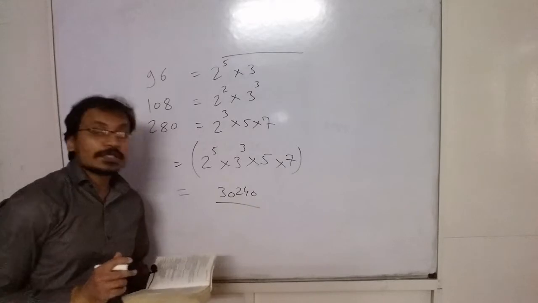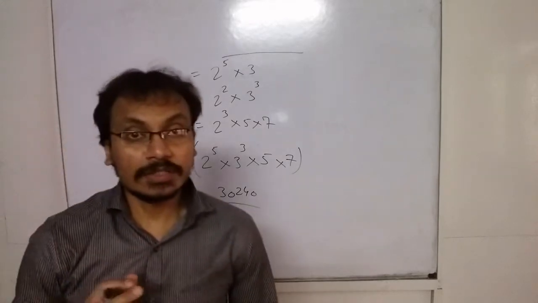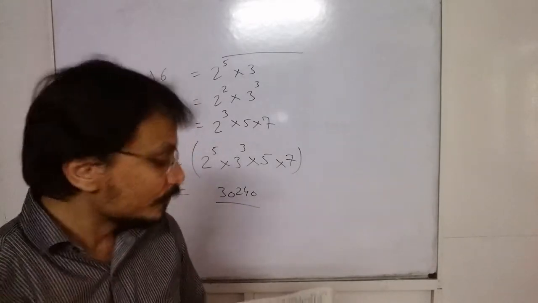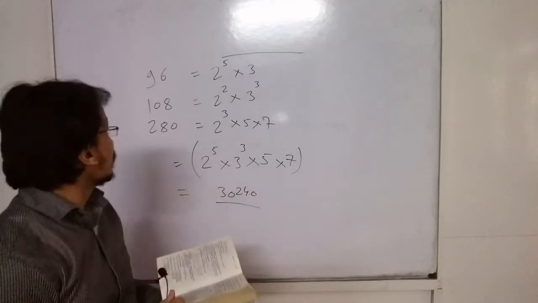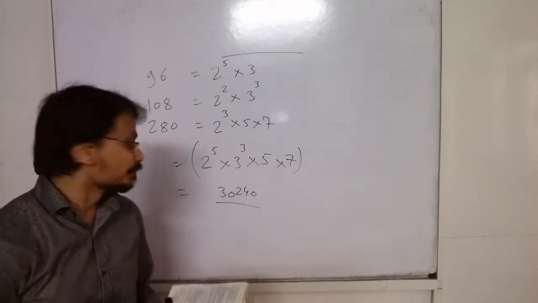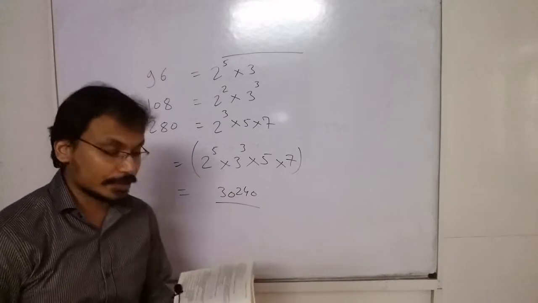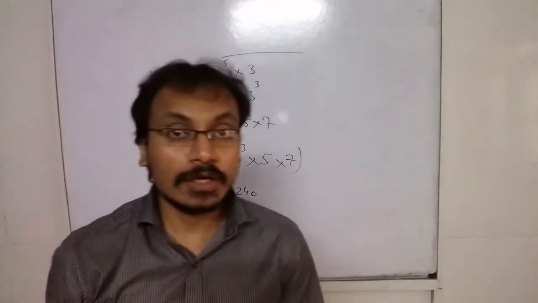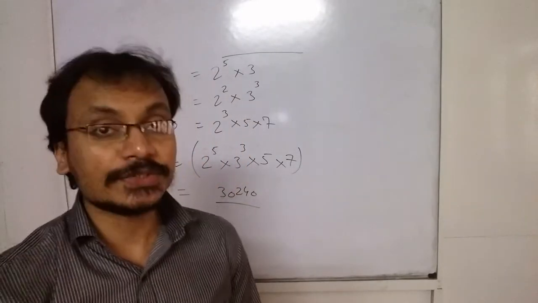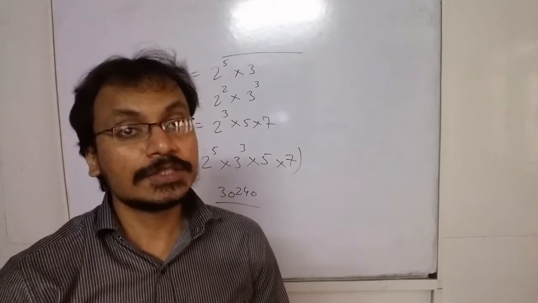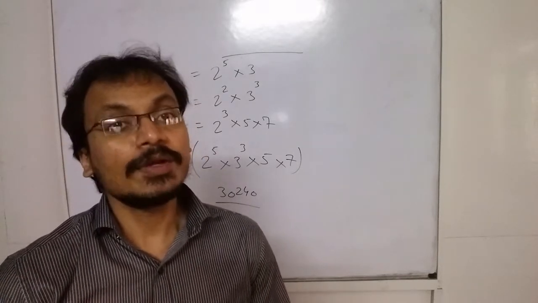Yes, this is the LCM of these three numbers, 96, 108 and 280. It means 30,240 is the lowest number which is exactly divisible by all the given numbers.